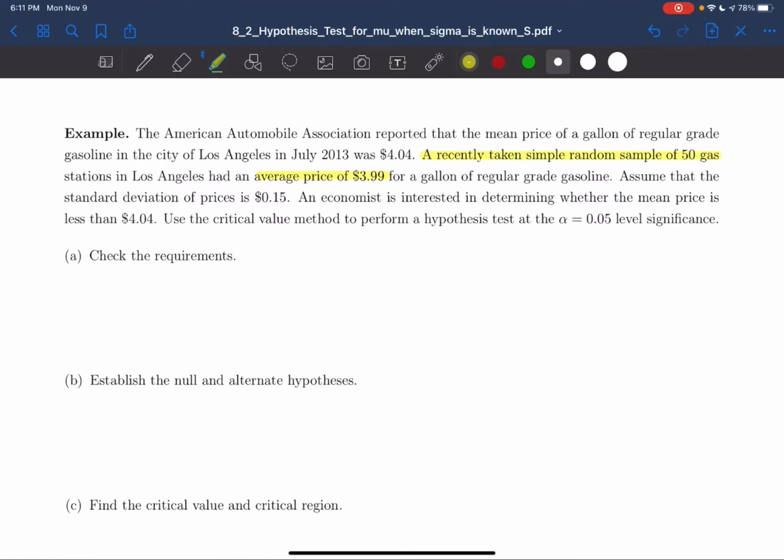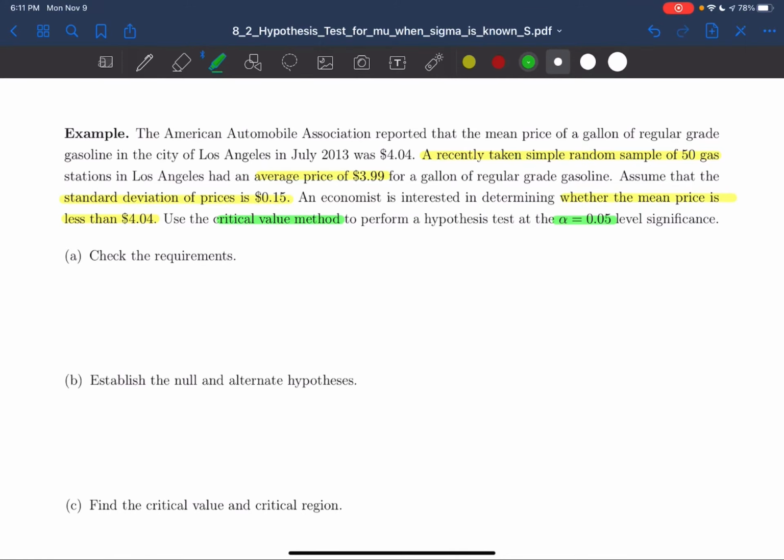Assume that the standard deviation of price is 15 cents. So an economist is interested in determining whether the mean price is less than $4.04. We want to use the critical value method to perform a hypothesis test at a significance level of 0.05.